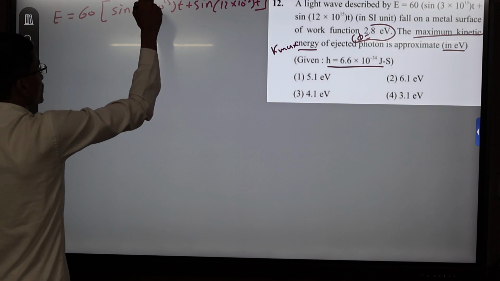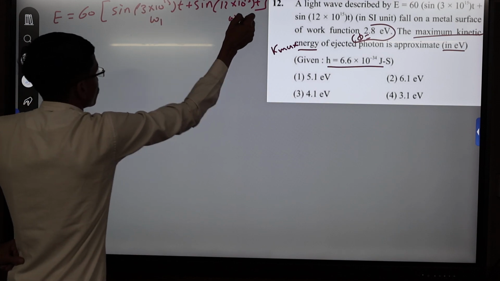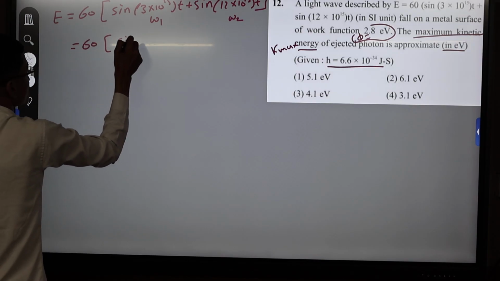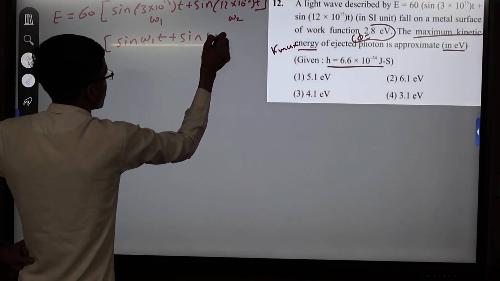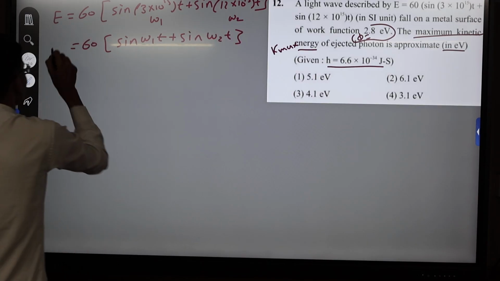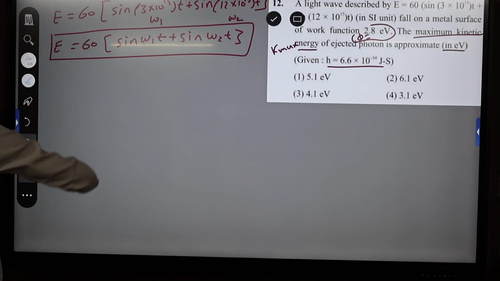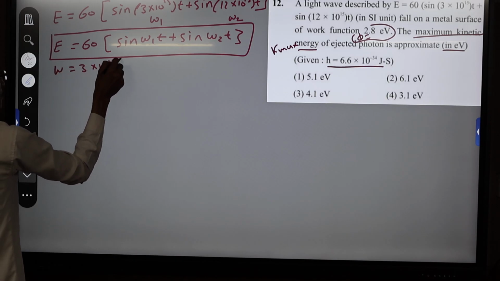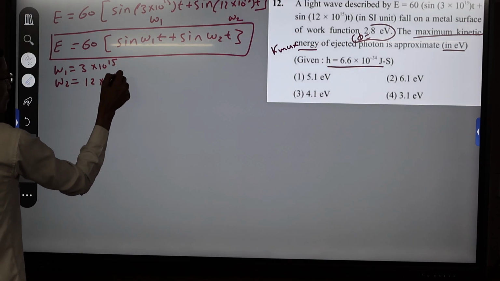After seeing this, we can say that this is omega 1 and this is omega 2. So we can simplify this further like sin omega 1 t plus sin omega 2 t. So here omega 1 is 3 into 10 raised to 15 and omega 2 is 12 into 10 raised to 15.